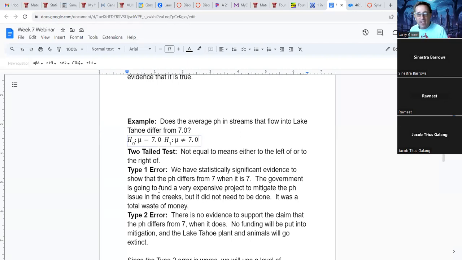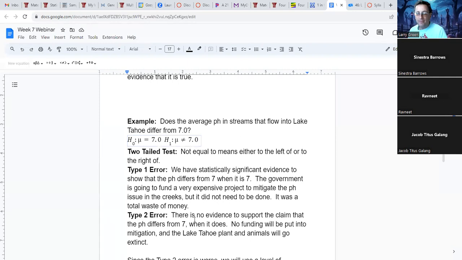So the government's going to fund a very expensive project to mitigate the pH issue in the creeks. But it turns out we were wrong. The pH really was 7, and there was no problem, and it was just a total waste of money. That's a bad thing, right? You don't want to waste money if you don't have to. Any questions on what the type 1 error in this case is?